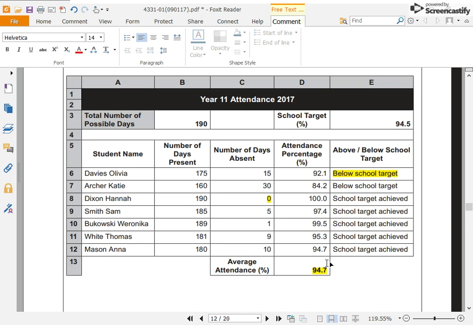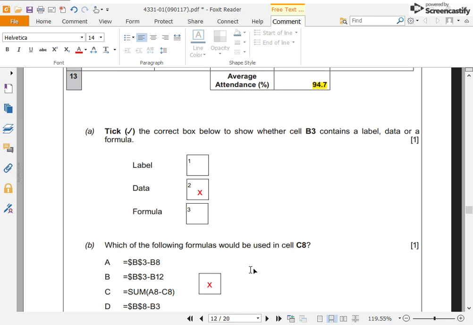Okay, so just going to have a little look at my spreadsheet. So we could say, I don't know, if the school target goes down, or let's say goes up to 95%. So if that went up to 95%, then this person here would not be achieving the target. So we could say if the school target goes up to 95%, then more pupils would not be achieving the target.